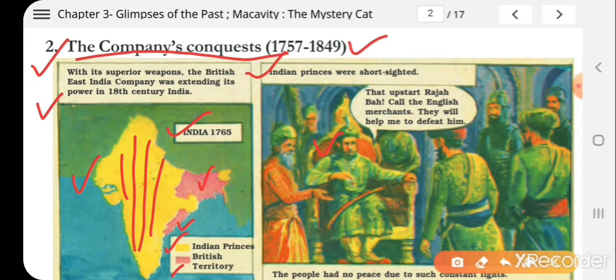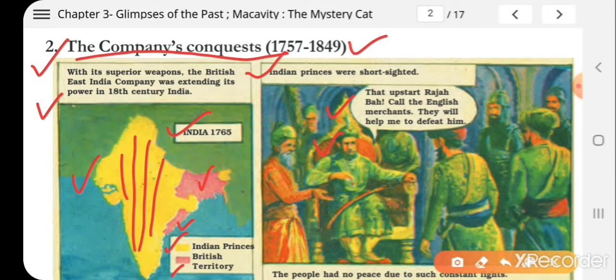And this king, this emperor, whoever, is talking about his enemy. "That upstart Raja, that proud Raja, call the English merchants, they will help me to defeat him."